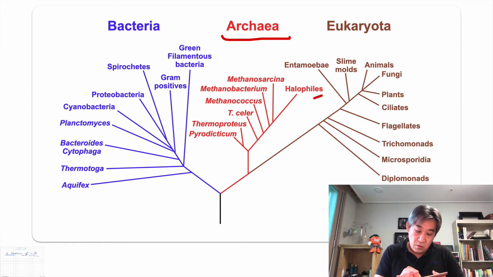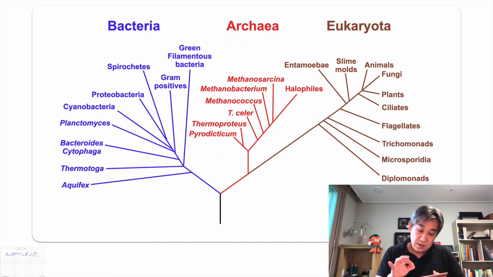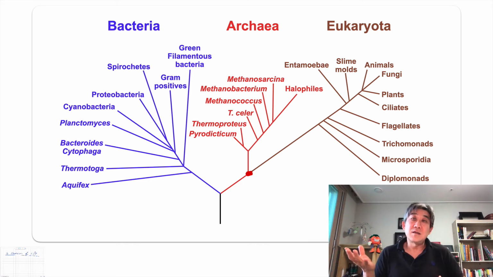So these are all the archaebacteria. They are prokaryotes. And as you can see here, the branching point exists between the ancestral form of the Archaea and the ancestral form of eukaryotes. So that's what scientists believe is the origin of the evolution of eukaryotes.